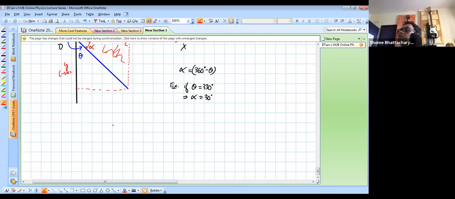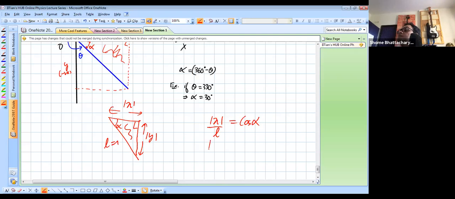If you take aside that right angle triangle, the length of this side as a magnitude is mod x, the length of this side as a magnitude is mod y, and this is unit length, and this time this angle is alpha. So again, mod x divided by L is the same formula. They keep repeating, as you can see. Mod y by L is equal to sine alpha, and L is unity.